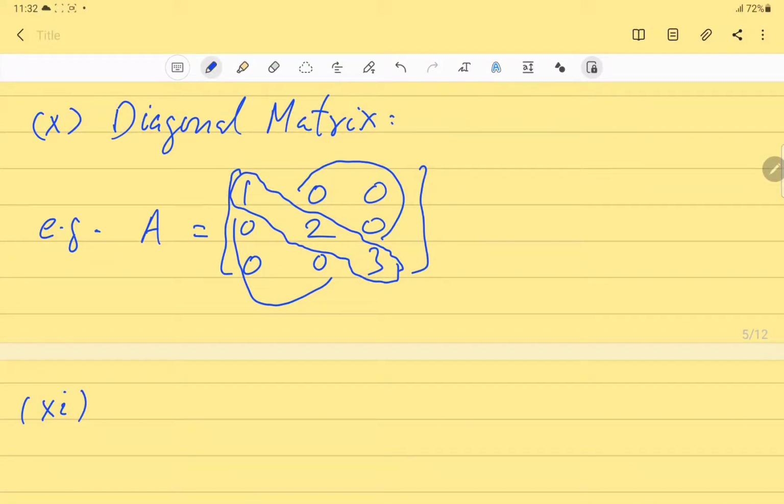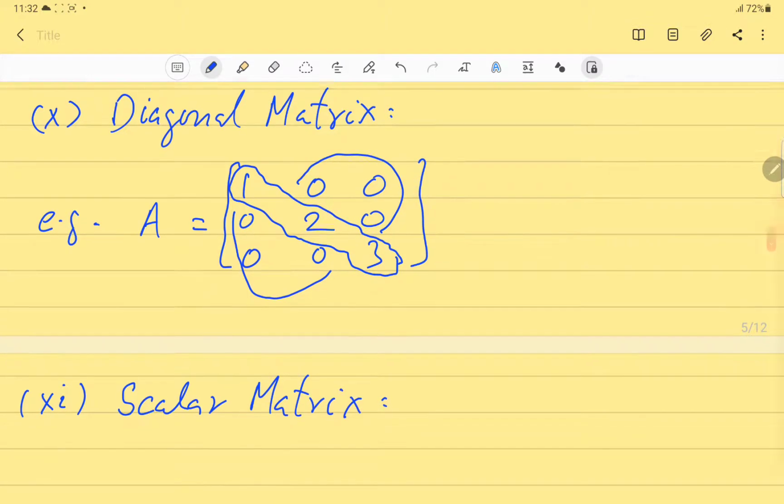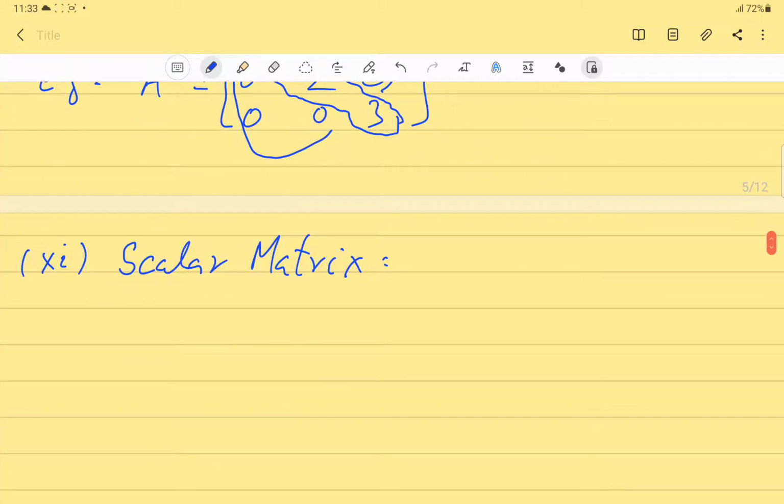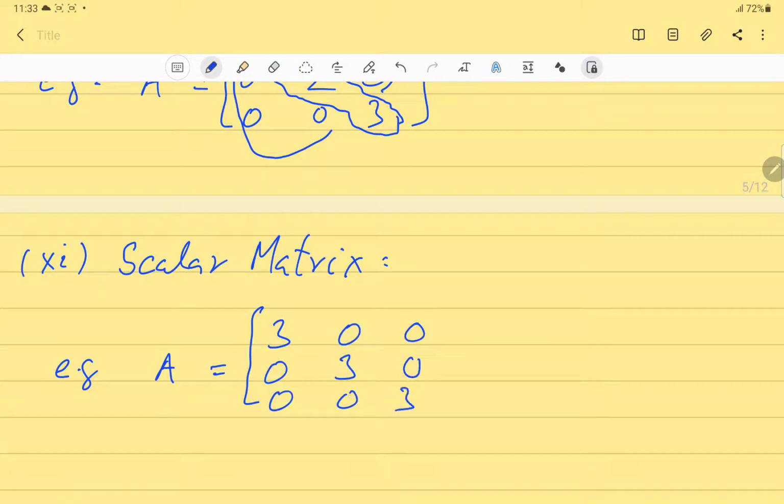Let's move on to our 11th type. 11th type is scalar matrix. Now, what is a scalar matrix? A diagonal matrix is called a scalar matrix if all the values of its diagonal are equal. Very simple. Let's take an example. Suppose we have a matrix A which is equal to 3, 0, 0, 0, 3, 0, 0, 0, 3.